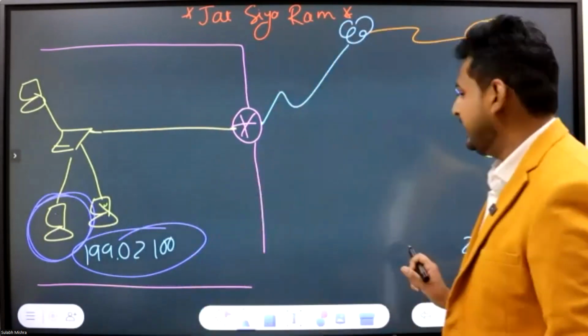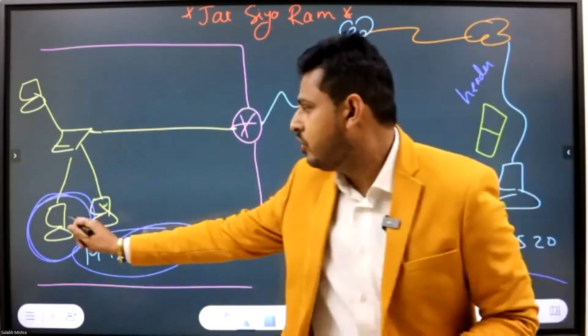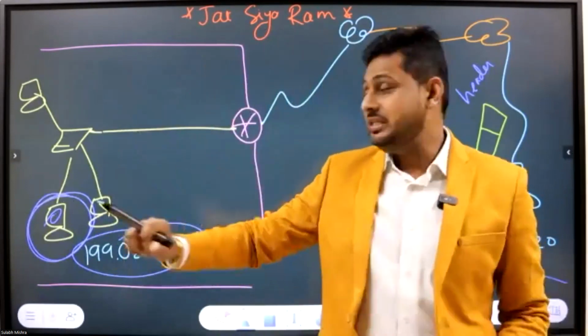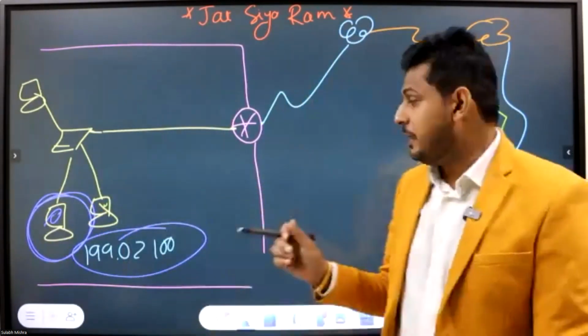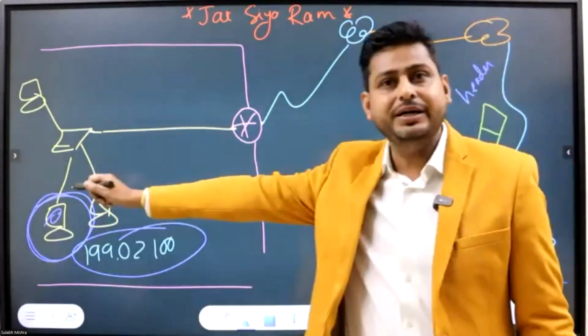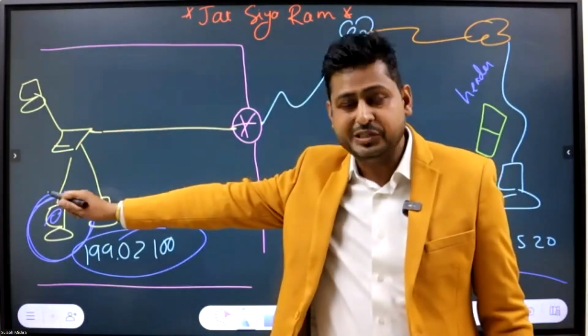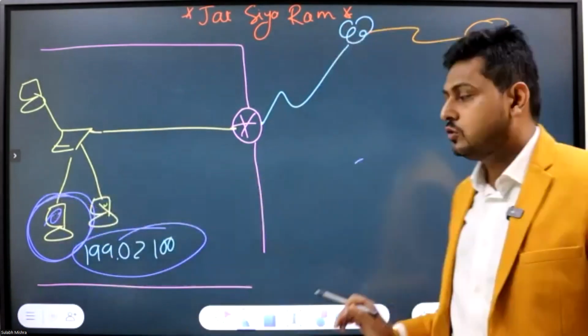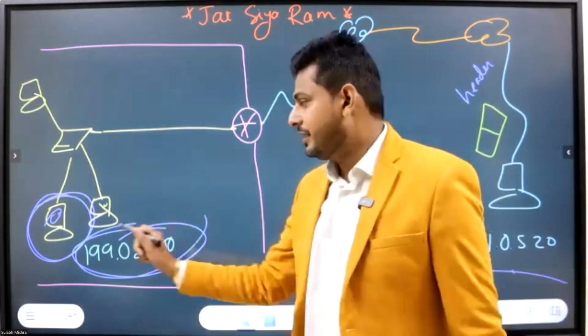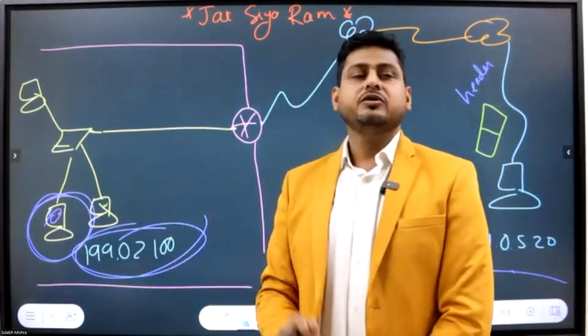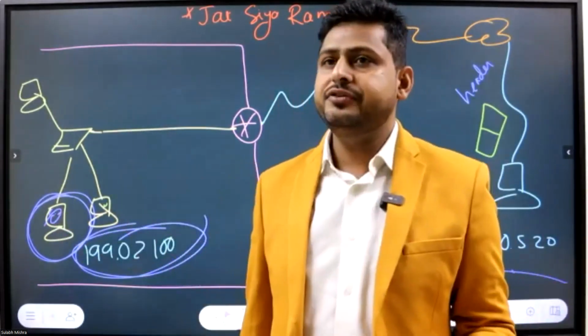So if this sender wants to communicate with this system with a particular application, but inside your system there are multiple applications, by which application should this packet be received? That means to which application this packet should be sent. So first of all, IP address, but inside that you have multiple applications. So here a particular application we identify based on the port number.